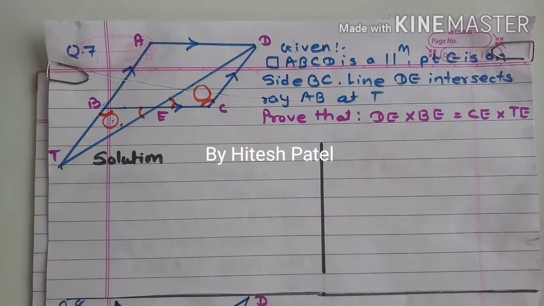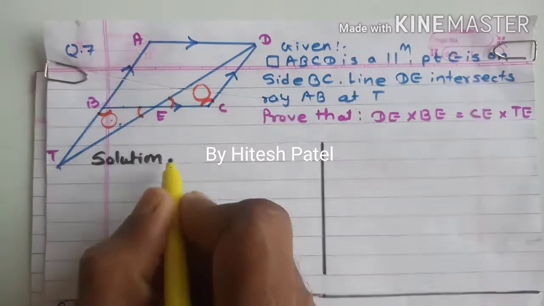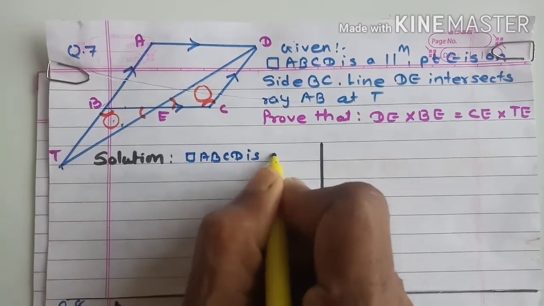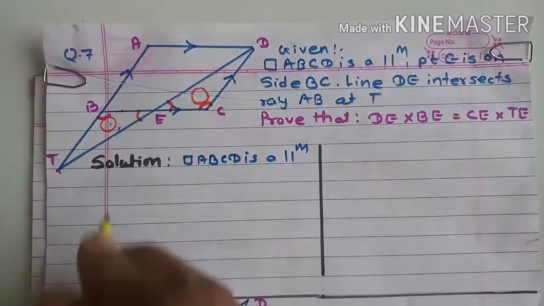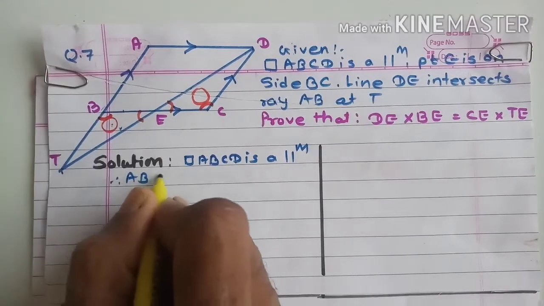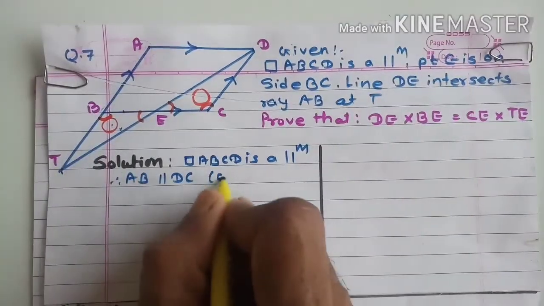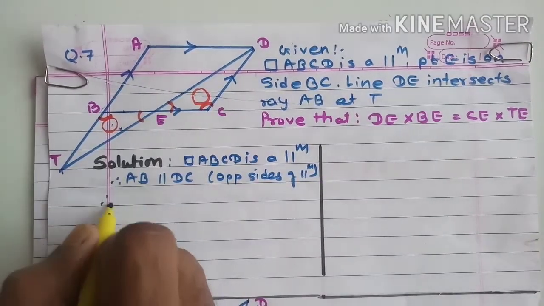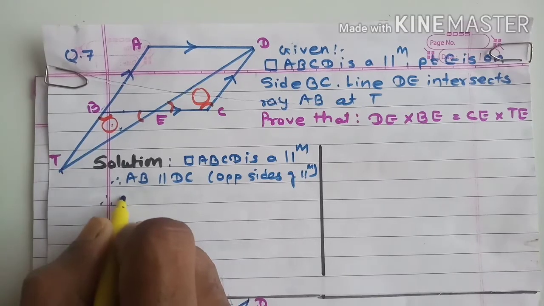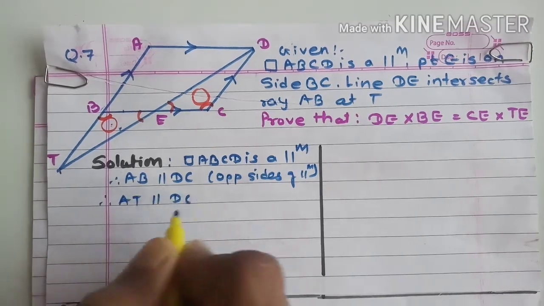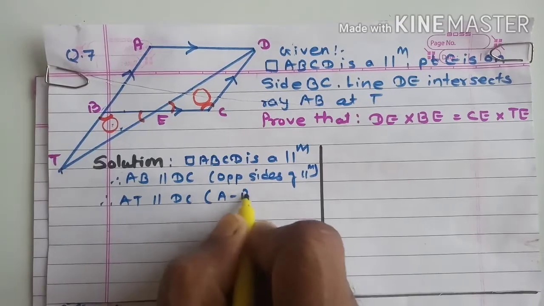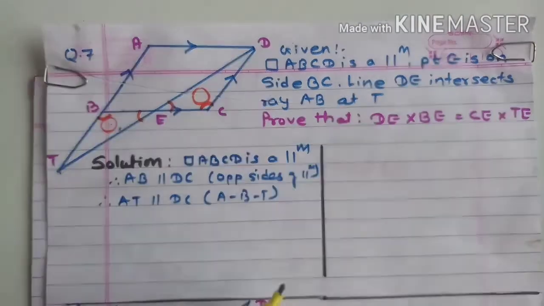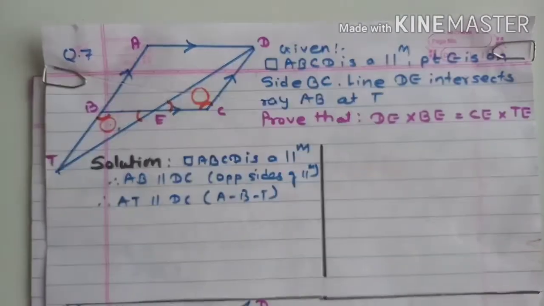Okay, now let's see how to write. First of all, quadrilateral ABCD is a parallelogram. Therefore AB is parallel to DC, opposite sides of a parallelogram. If AB is parallel to DC, then AT is also parallel to DC. Why? Because A-B-T, these three are collinear points.